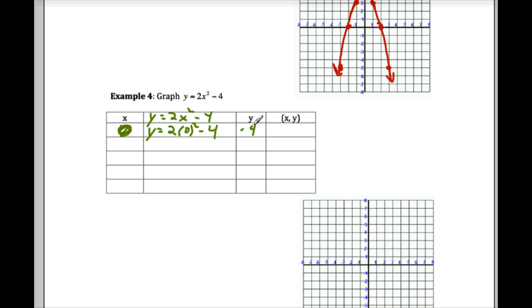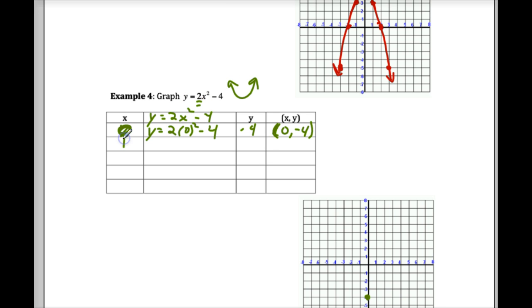Take your time when you do that. 0 squared is 0, times 2 is 0, minus 4 is -4. There's the vertex, people. 0, -4. Does this one go up or down? Up. The coefficient of the x squared is positive. That means it goes up.